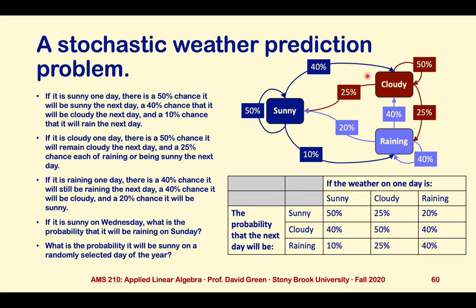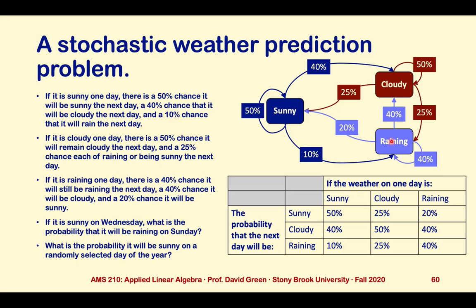We do the same for the transitions from each of the other states. If it starts off as cloudy, there's a 50% chance that the next day is also cloudy, a 25% chance that it becomes raining, and a 25% chance that it's sunny. 3 arrows out of cloudy to the 3 other states.